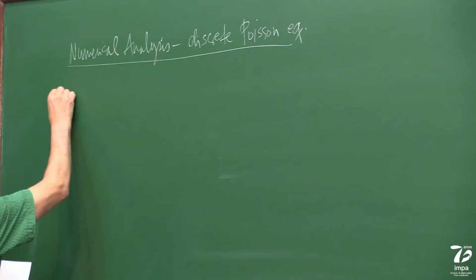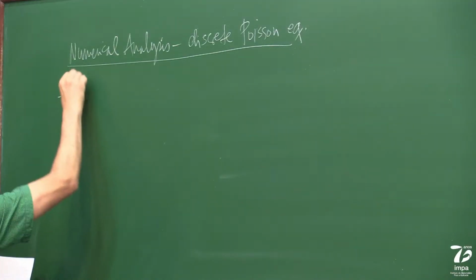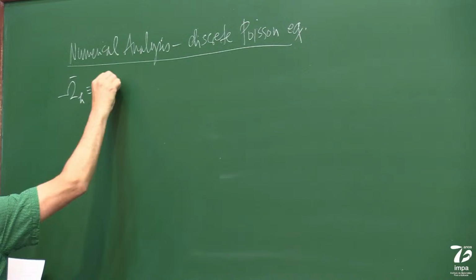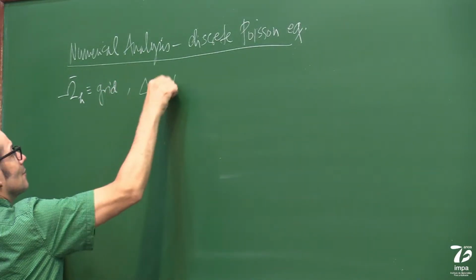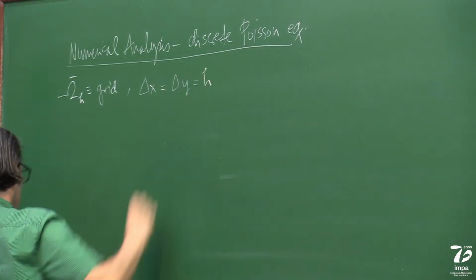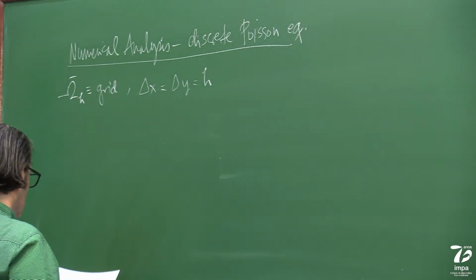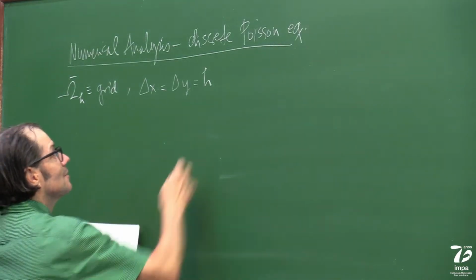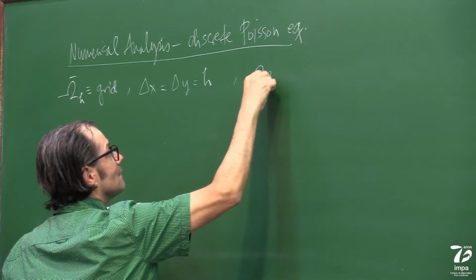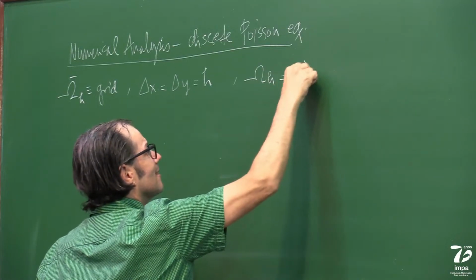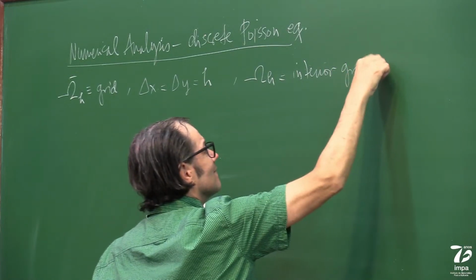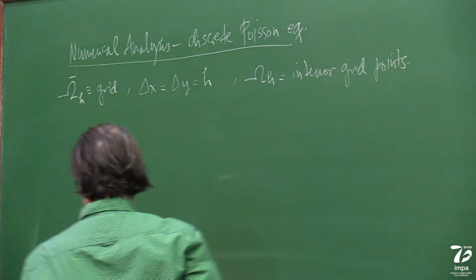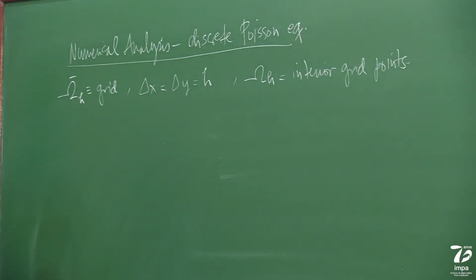Okay, so we have the grid. This is our domain. Let's use a uniform grid. These are our interior grid points. Well, we have the boundary.